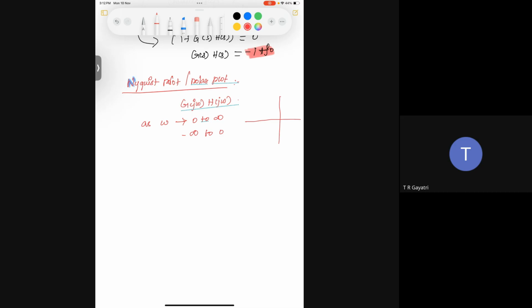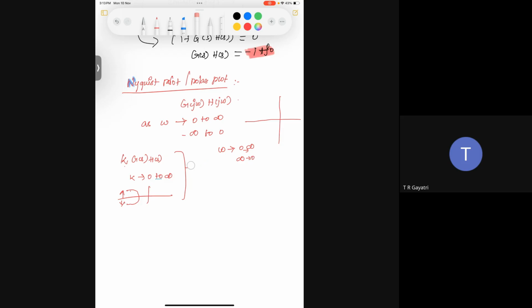In root locus, what we did is, you have K of G of s, H of s. So this K, we vary from 0 to infinity, and with varying K from 0 to infinity itself, we got the root locus. It will be symmetric around the real axis. Similarly, here, instead of K, we are going to change omega from 0 to infinity and look from infinity to 0.